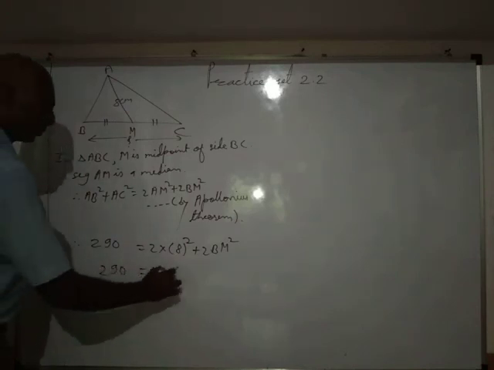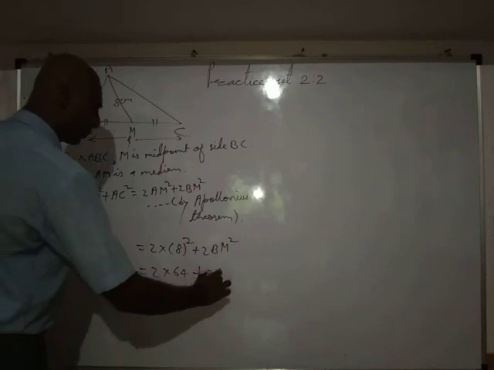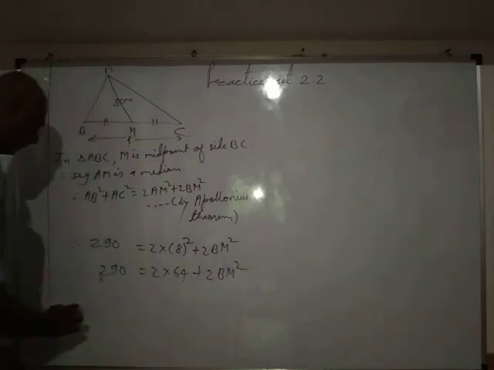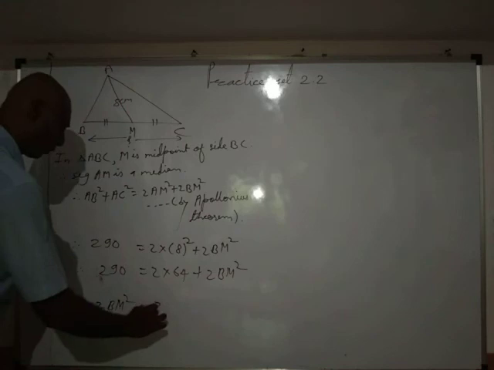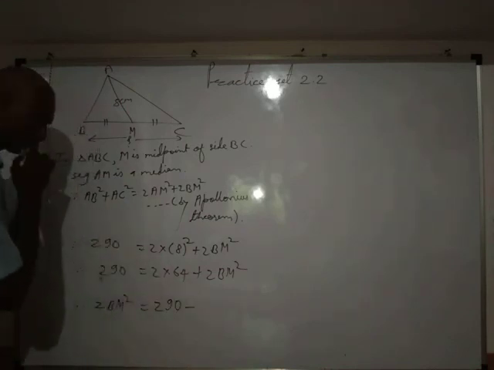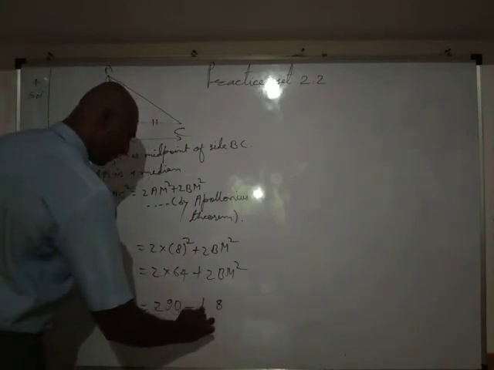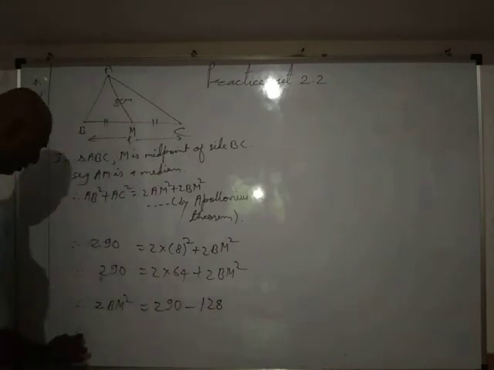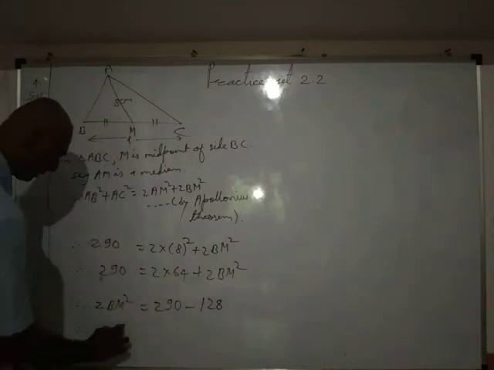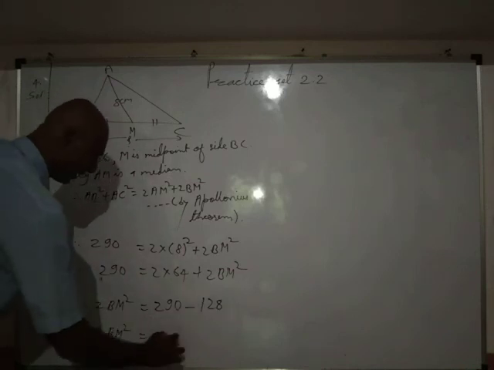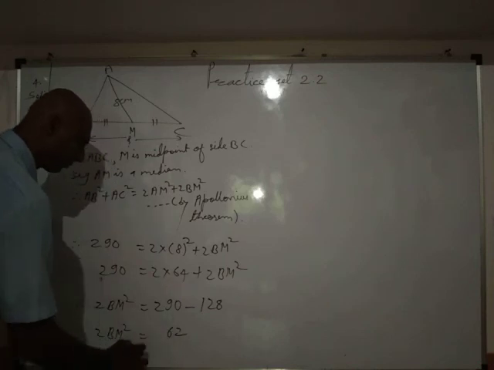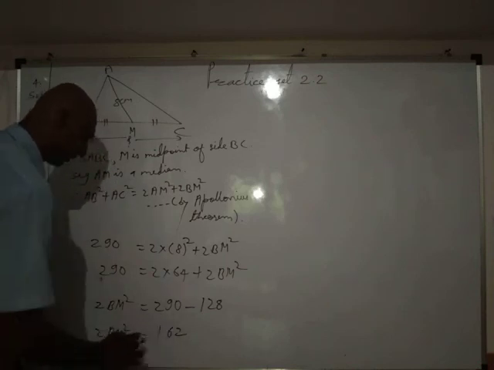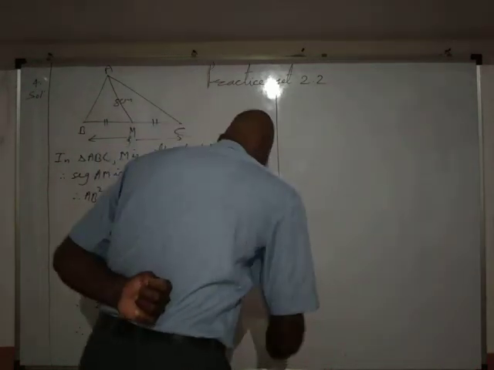Therefore 290 equals 2 into 64 plus 2 BM square, and therefore 2 BM square equals 290 minus 128, which gives 162.